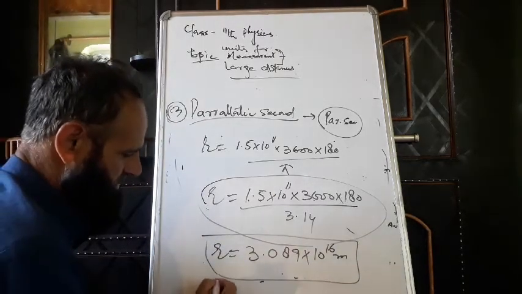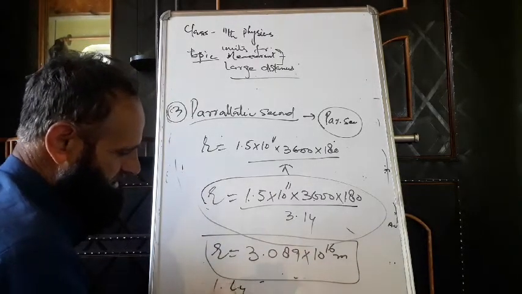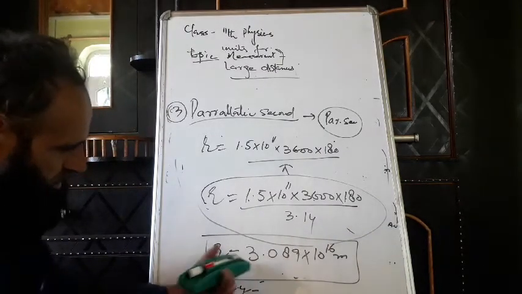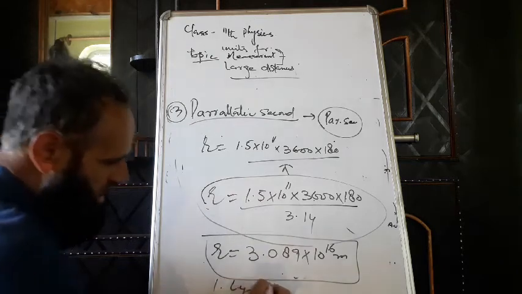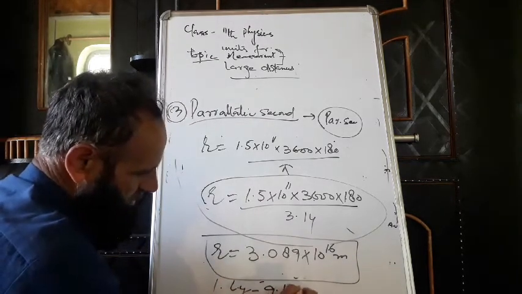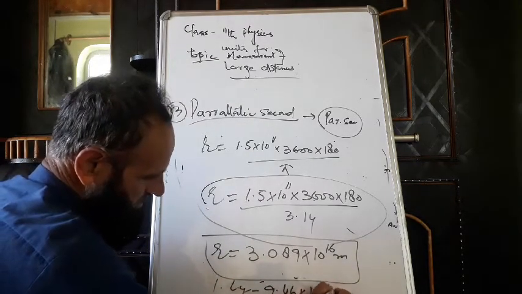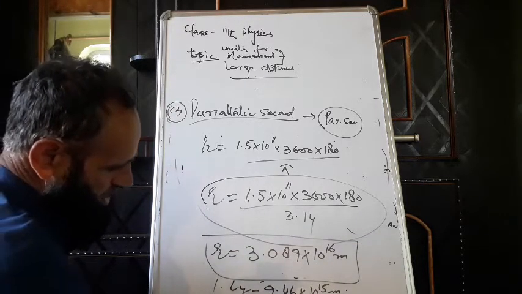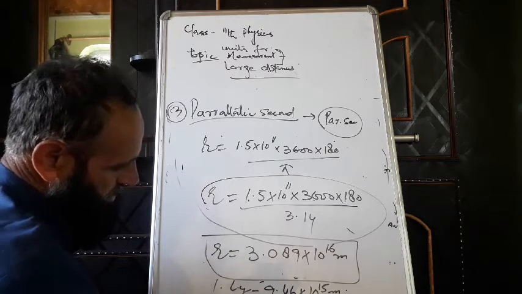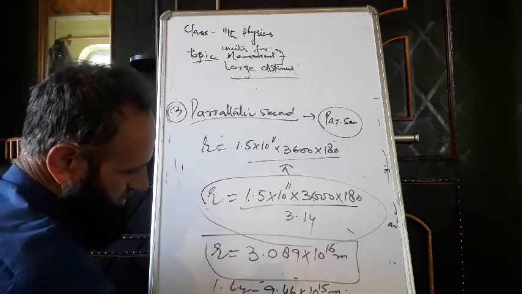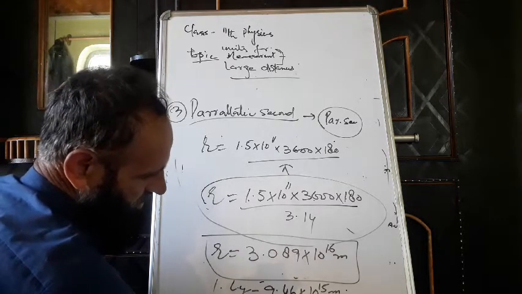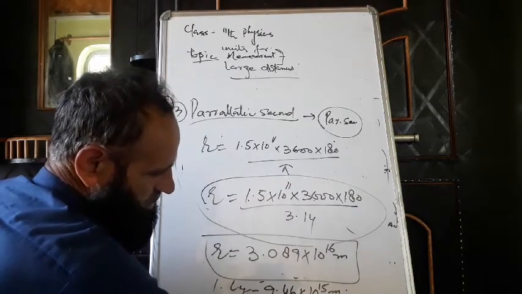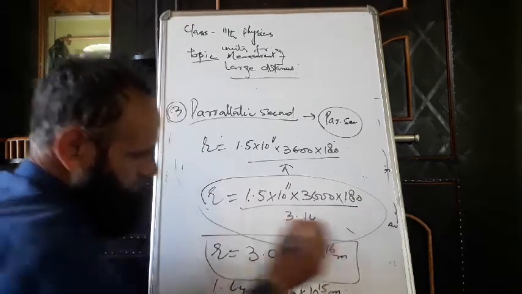One light year was 9.46 into 10 raised to power 15 meters. One astronomical unit was 1.496 into 10 raised to power 11 meters, or approximately 1.5 into 10 raised to power 11 meters.